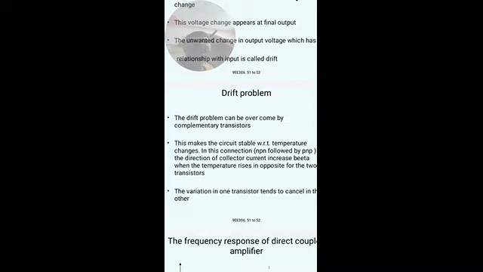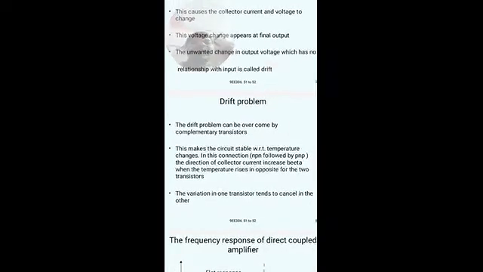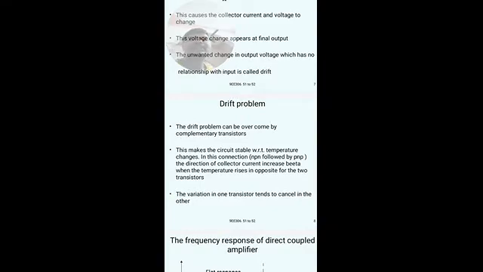Because the collector currents increase in opposite directions with the increase in temperature, these two collector currents will cancel each other. Then we are avoiding the drift problem, so that there is no drift from the change of operating voltages with the temperature.